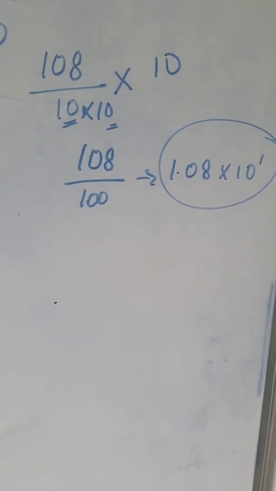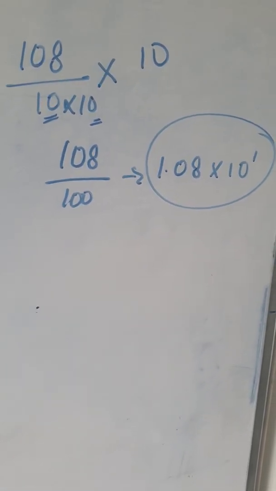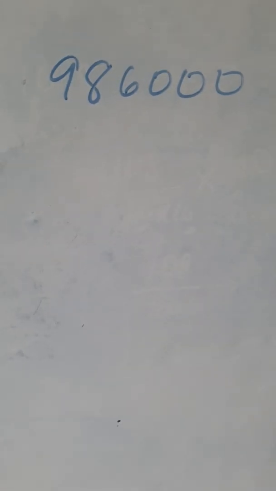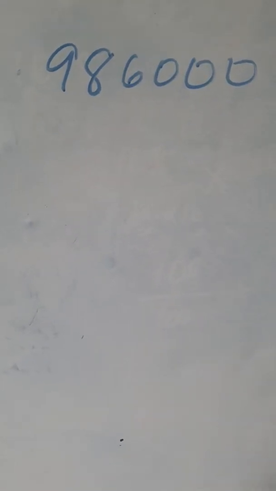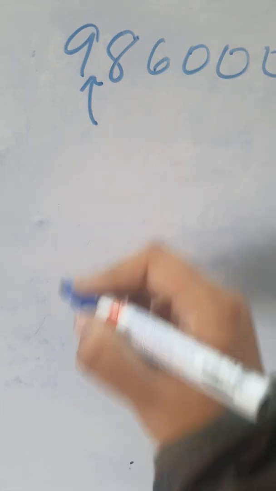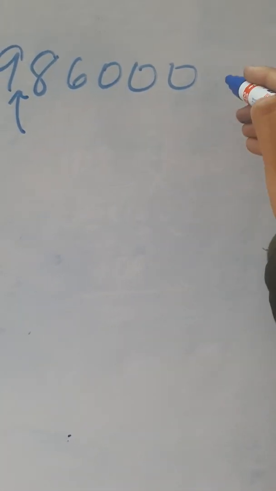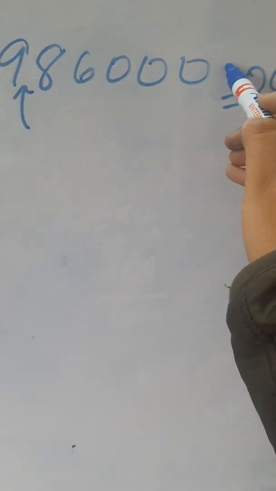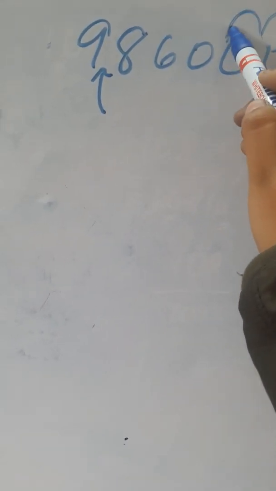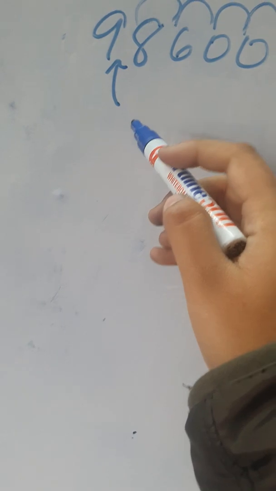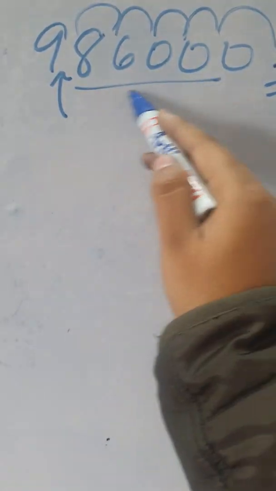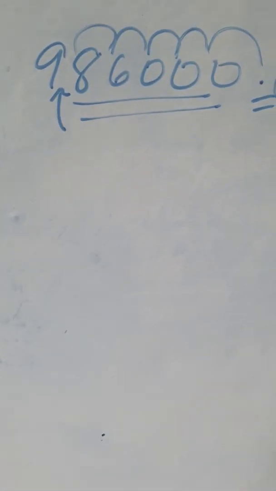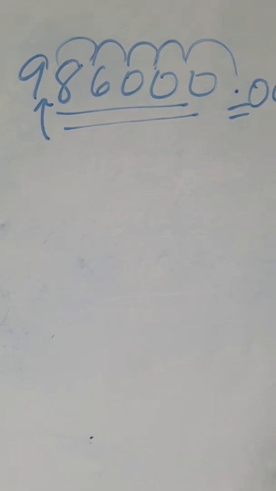Simple. Let's try one more. So in this we want the decimal to be right here, and the decimal is right now here. So how many places do we have to shift this? 1, 2, 3, 4, 5. Actually it is the number of digits after the first digit, and those many zeros.